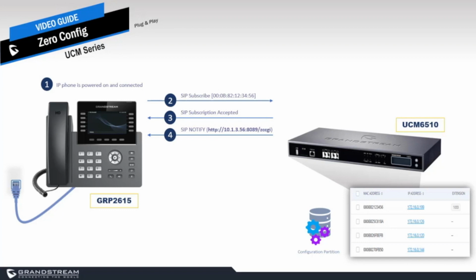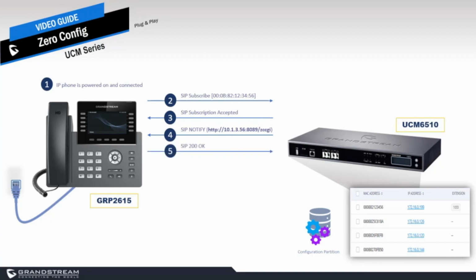After that, the UCM will notify the phone of the HTTPS or HTTP URL to use for requesting the configuration file. The UCM always uses the URL type configured for the web access. In other words, if you enable HTTP for web access instead of the default HTTPS, the UCM will use the HTTP URL.